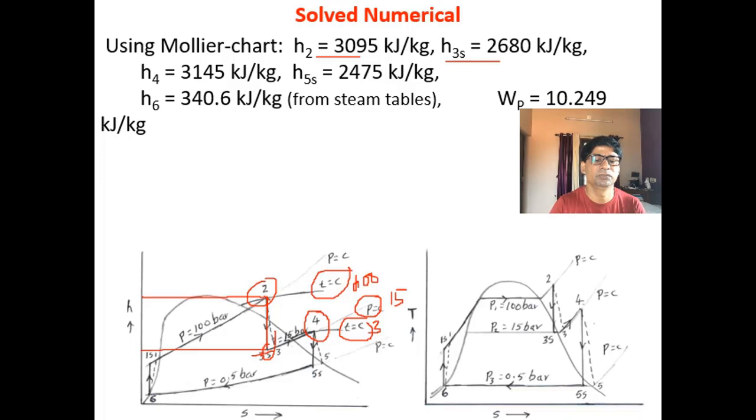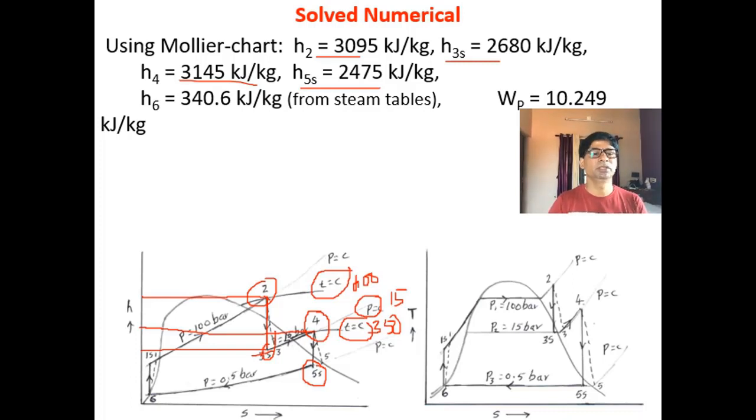Reheated to 350 at 15 bar itself. So locate this point 4 and read the enthalpy value here. That is nothing but your H4 value. H5s: come vertically downwards from 4 to the 0.5 bar line. That is H5s. You will get it as 2475 kilojoules per kg.